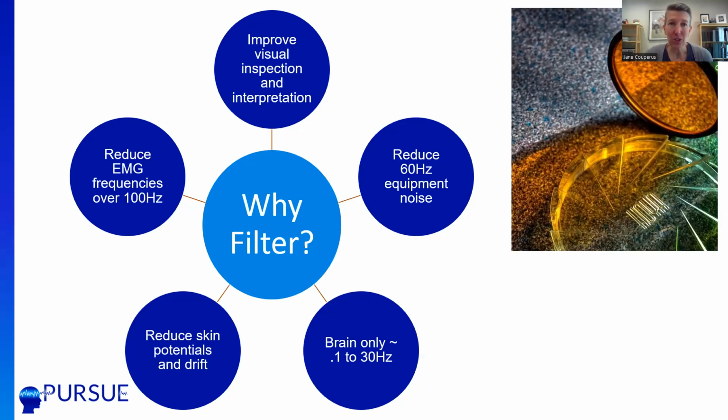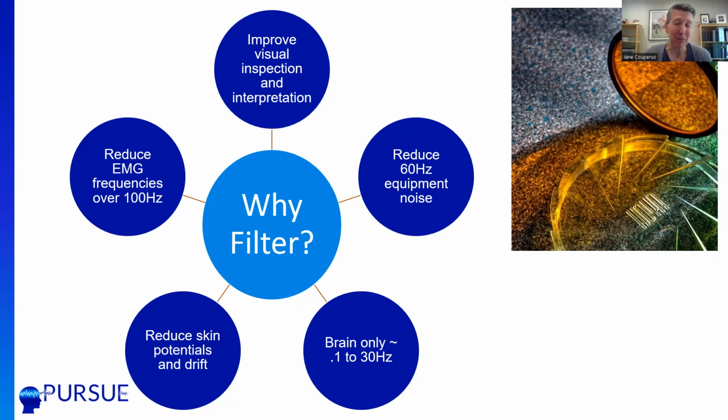The reason we filter our data is because we want to be able to visually interpret and inspect our data better, but also we just want to get rid of noise that is not brain activity. We want to get rid of things like electricity in our environment produced by lights or cell phones or what have you. In the United States, that's often at around 60 hertz, but if you're in Europe, it might be 50.